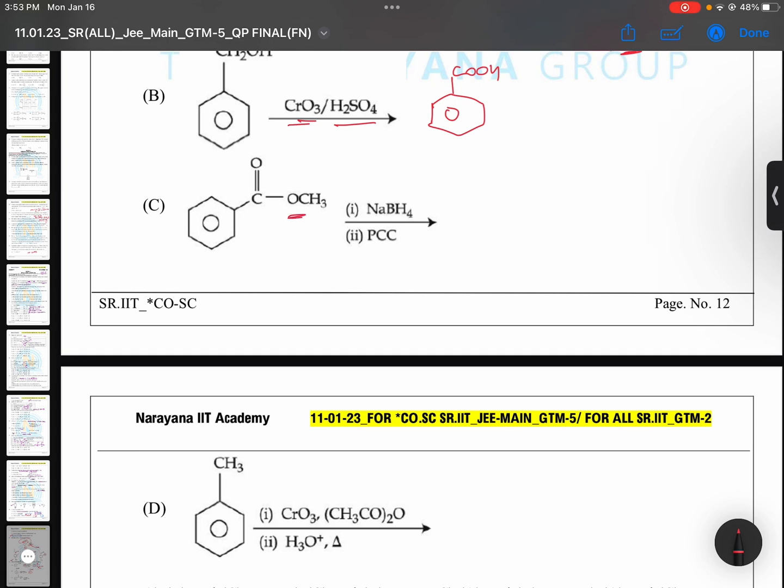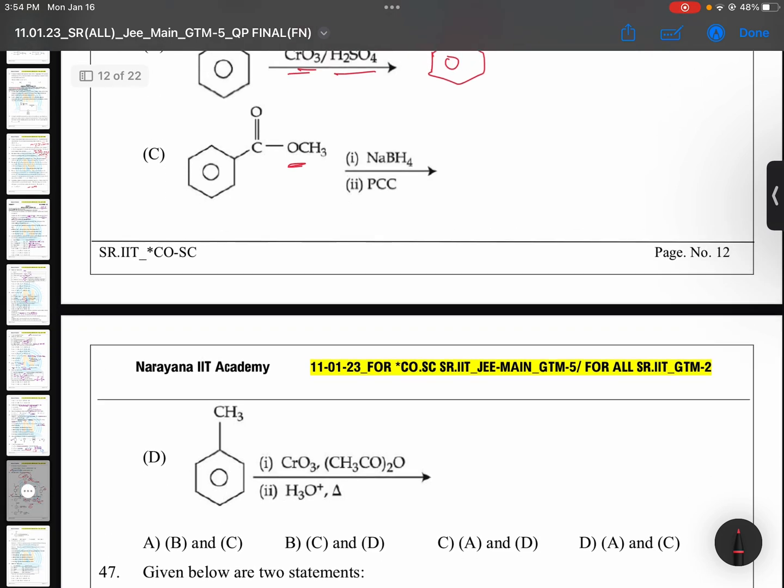NaBH4 as ester. Ester has no effect on NaBH4. This is fine. NCERT reaction it is. In NaBH4, give me 1 second.